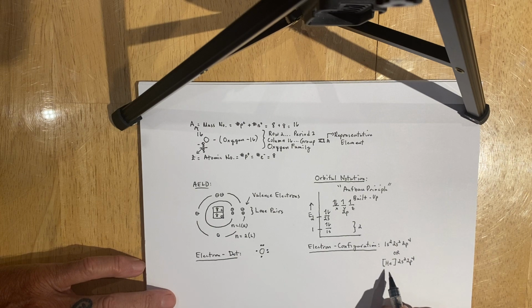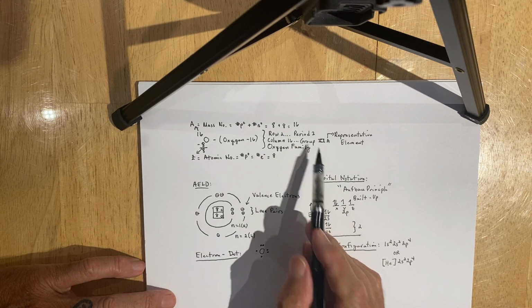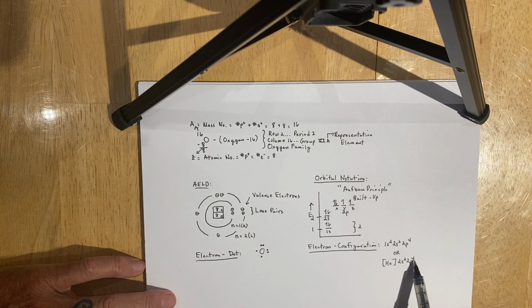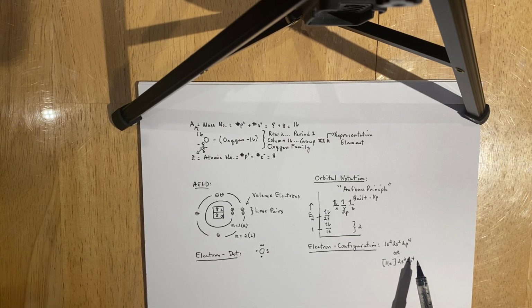And thus, that is the electron configuration for oxygen, which is in column 6A, once again, and contains 6 valence electrons, just like every other member of the group of oxygen, which includes sulfur, selenium, tellurium, and polonium.